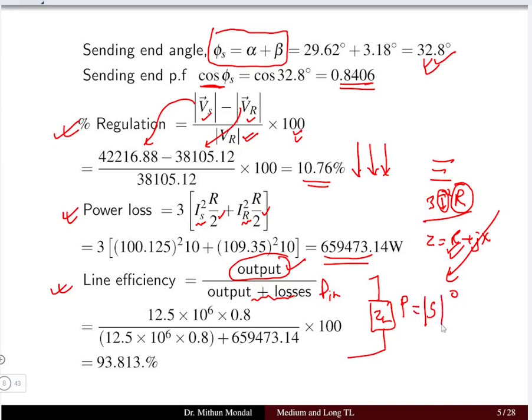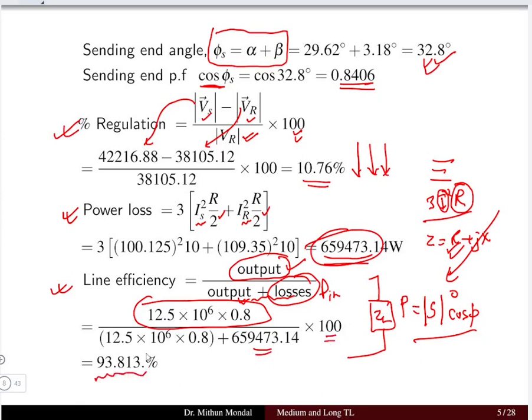The magnitude of complex power, the apparent power, multiplied with the power factor, S cos phi. So we are getting the numerator value. Now in the denominator we have losses adding up with the output power, and losses we have already calculated. We multiply by 100, and that will give the efficiency of the line. So the efficiency is 93.8% that we have calculated.